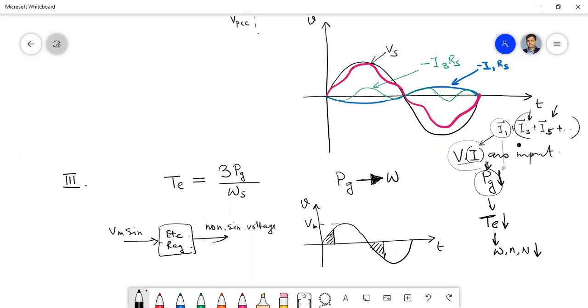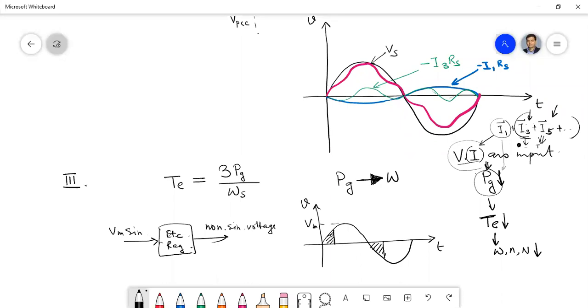That means you will have other torques. For the third harmonic you will get some torque contribution, for the fifth harmonic you will have some torque contribution, but those torques will not be as effective as the fundamental.